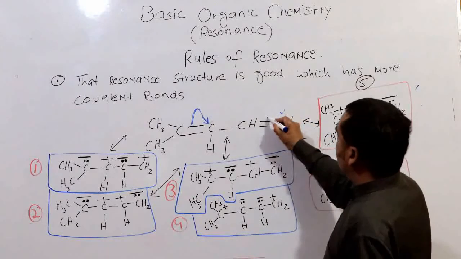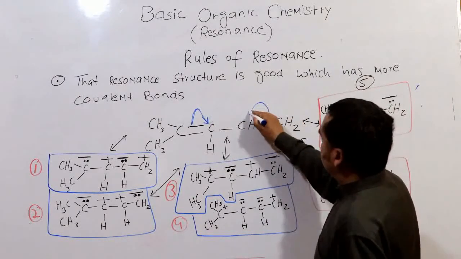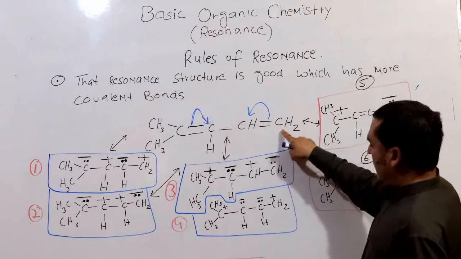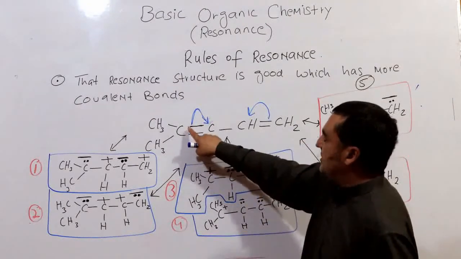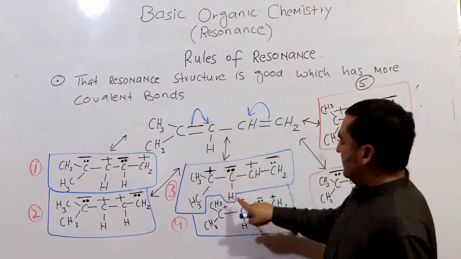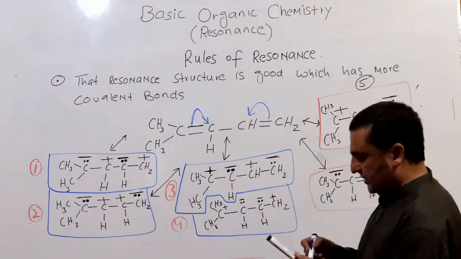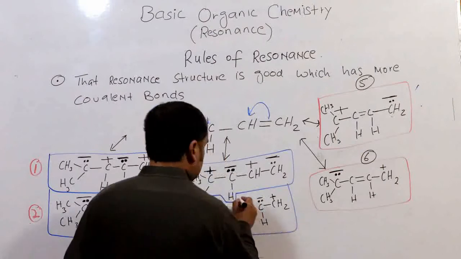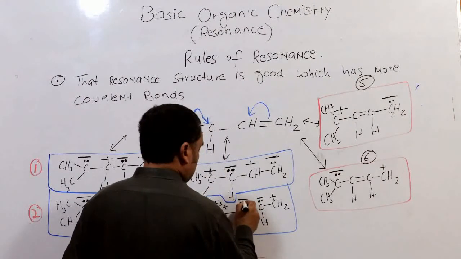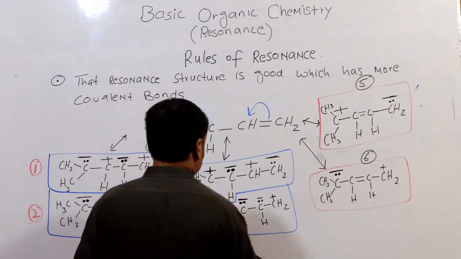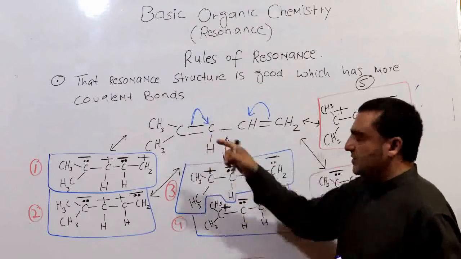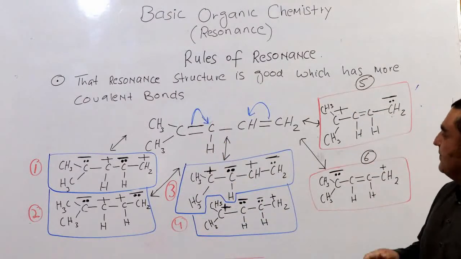But the electrons now here, they sit on this carbon. So this will be positive. This will be negative. As the electrons came from this bond and sit on this carbon, this is negative, a negative with a non-bonding electron pair, and this will become positive.